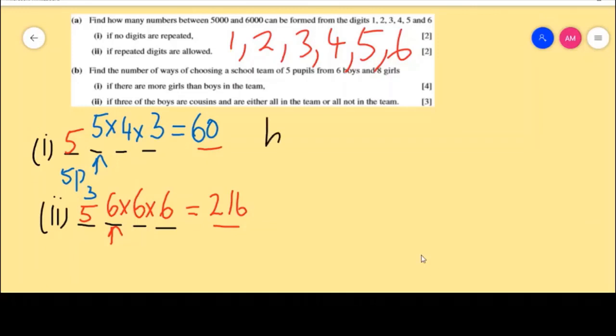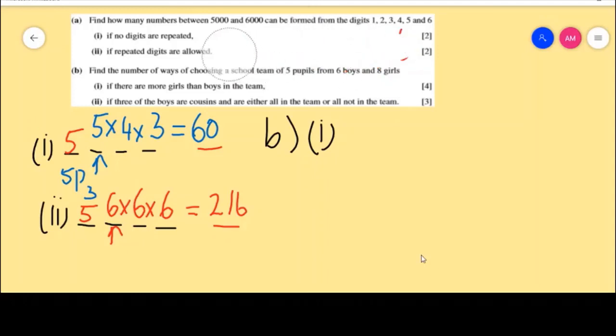We go to B. B part 1. Find the number of ways of choosing a school team of 5 pupils. I'm choosing 5 from 6 boys and 8 girls.